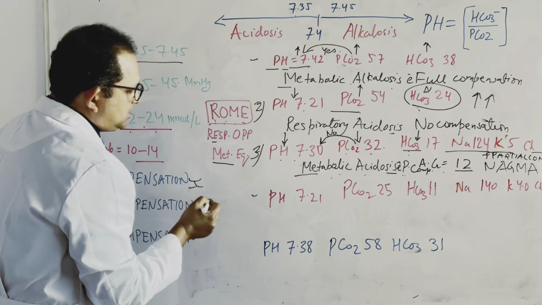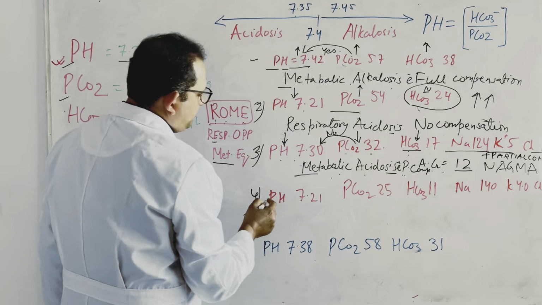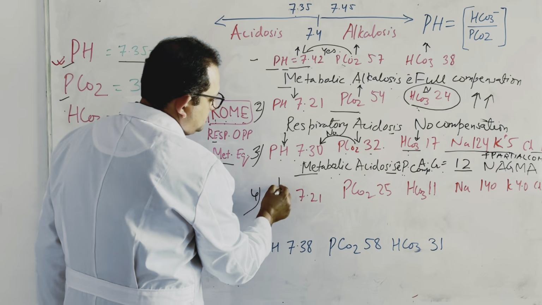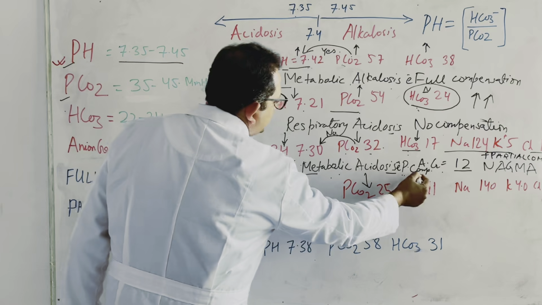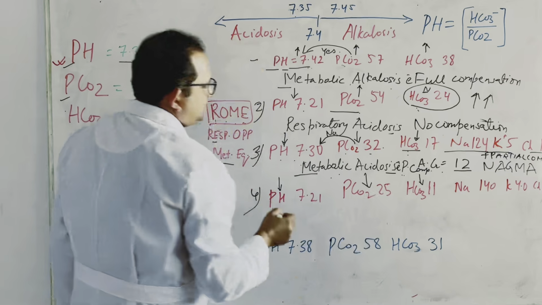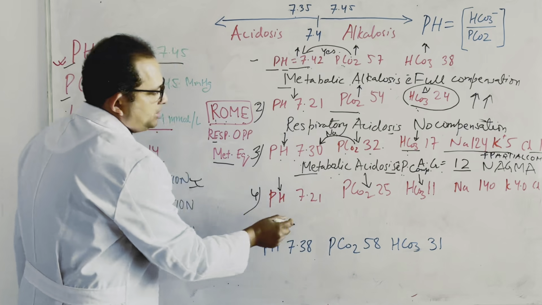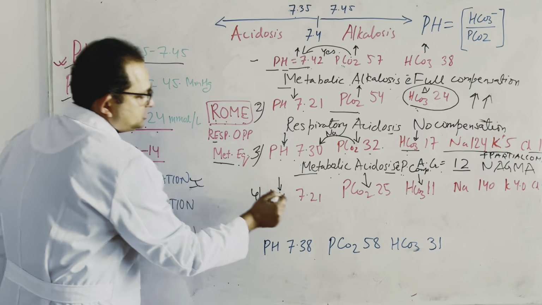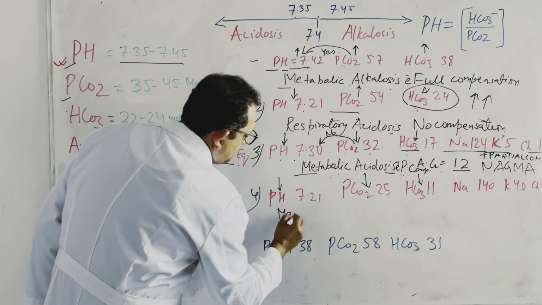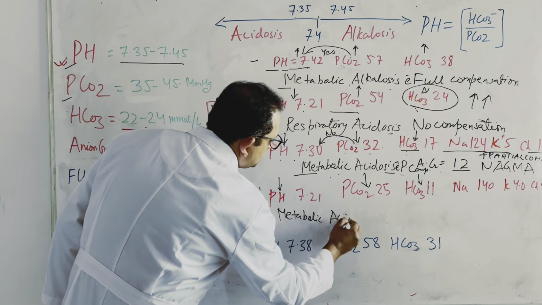Now let's come to the fourth report. pH is low, PCO2 is low, HCO3 is low. If you look at the condition, pH is low and HCO3 is low, metabolic equals, so this will be metabolic acidosis.